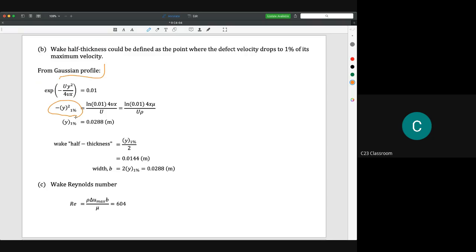Then we get y as 0.0288 meters, and the half width, the half thickness, we divide by 2, so the width is actually 0.0288 meters. This is the assumption of the size of the wake that occurs in that situation.